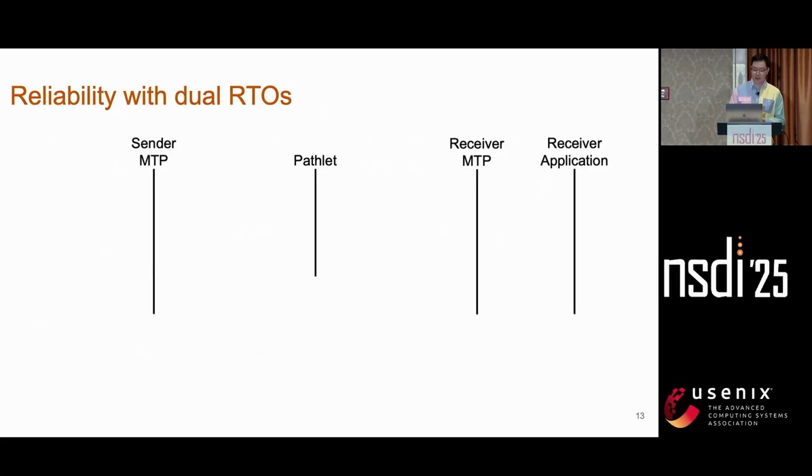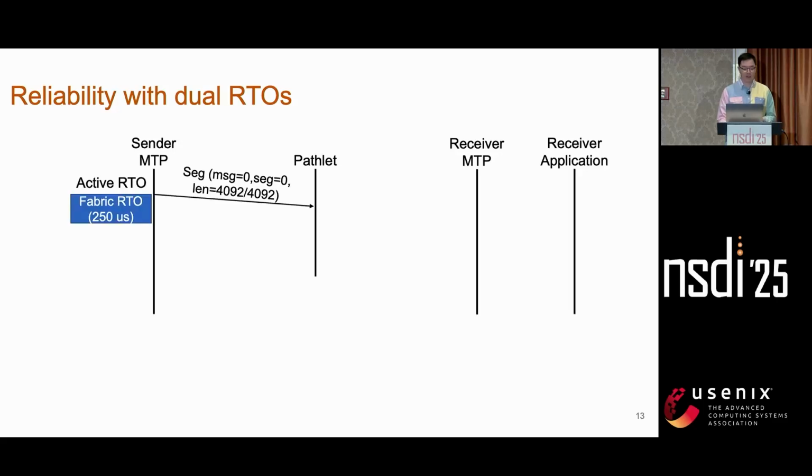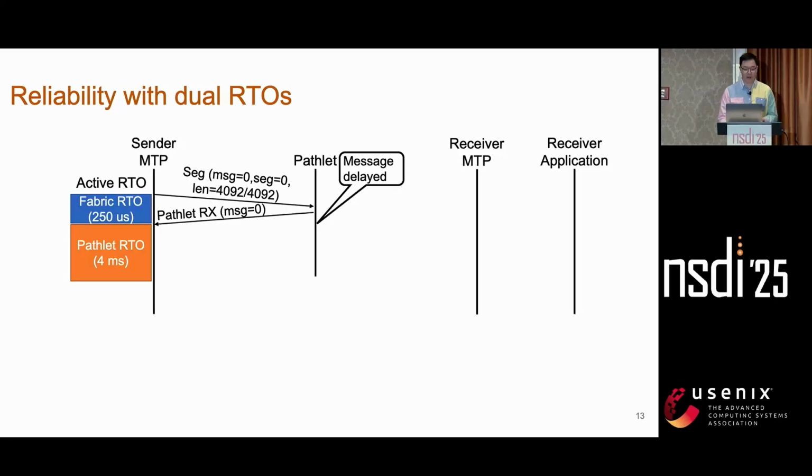Here's how it works. When the message leaves, the sender starts a countdown of the fabric RTO, which is shorter to only account for the fabric delay. When the pathlet receives the message, it transmits a special ACK called pathlet RXACK, indicating the message is securely stored in the pathlet. And the sender switches to the pathlet RTO, which is longer to account for the pathlet's delay.